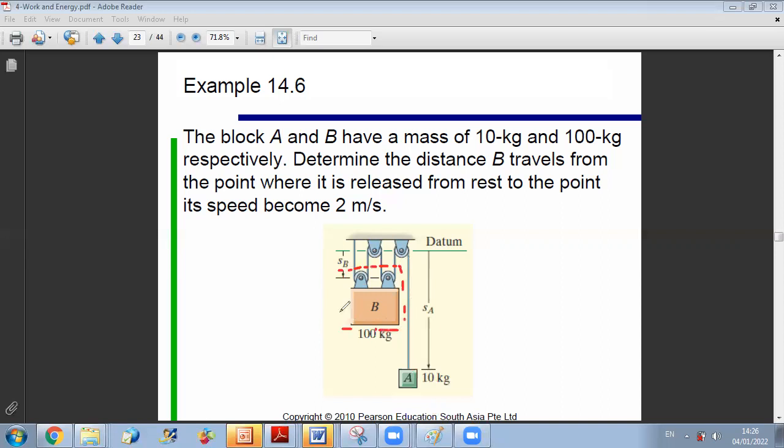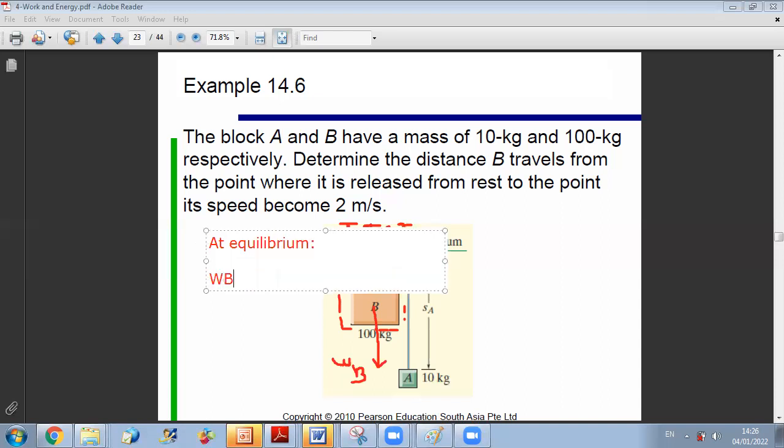and you want to find the forces acting on it, you have the weight of B. And since you are cutting here at 4 locations, at each location where you do a cut, you have a tension T. So you have T, T, T, and T. So you have 4 tensions acting on B. At equilibrium, we should have WB minus 4T equals 0.